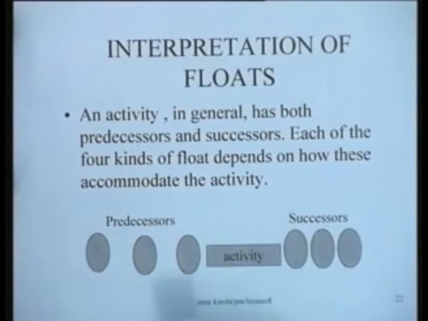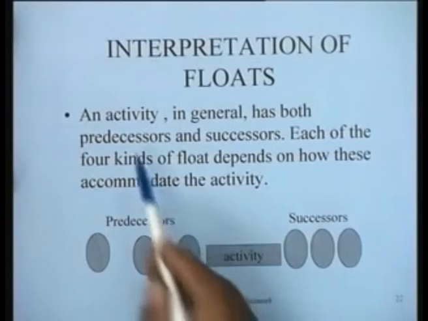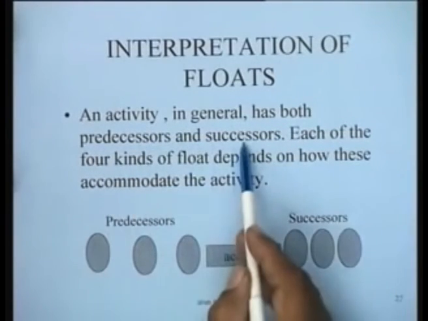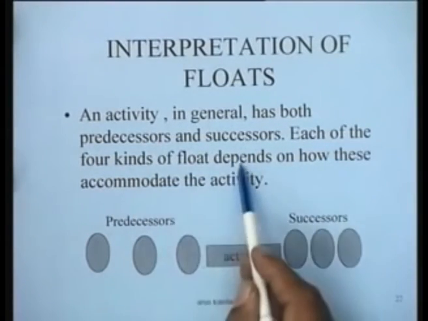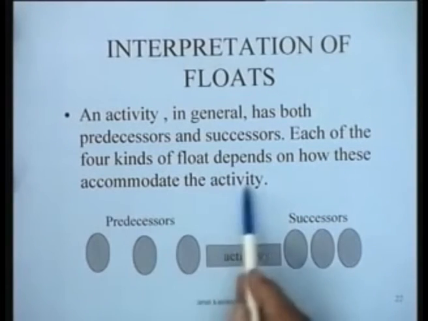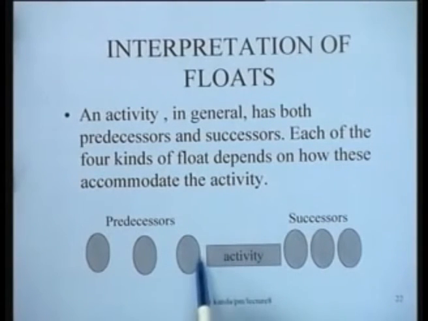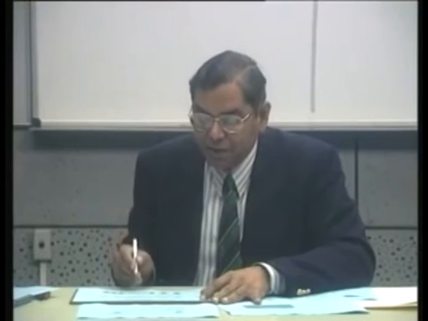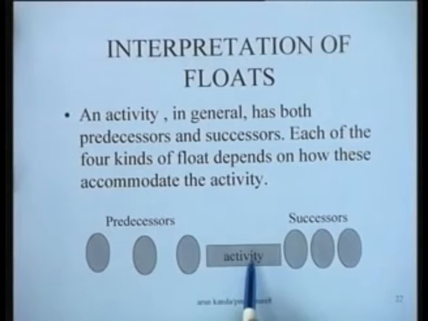Each of the 4 kinds of floats depends upon how these accommodate the activity, whether these are shoved this side or to the maximum possible extent. If the predecessors are shoved to the maximum possible left hand side and the successors to the maximum possible right hand side, you would have the maximum amount of leeway for the activity, and that is what governs the total float.